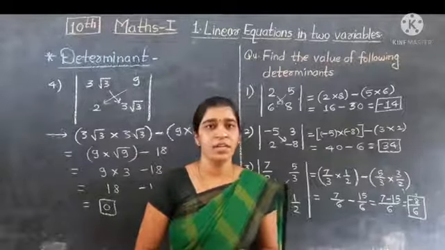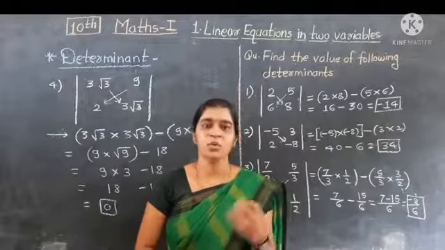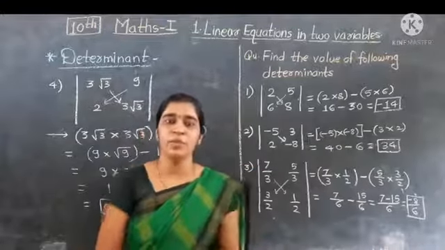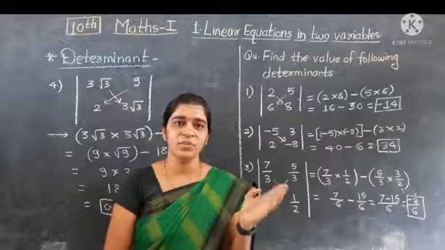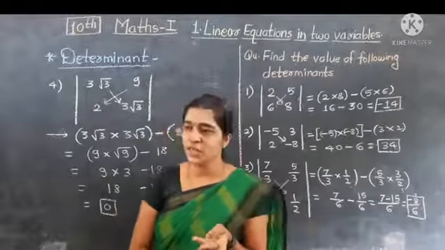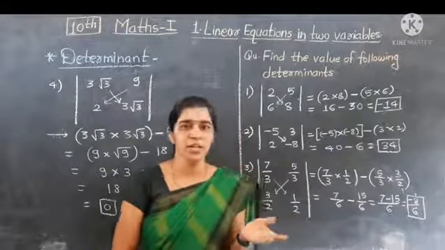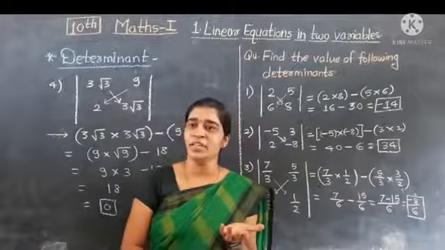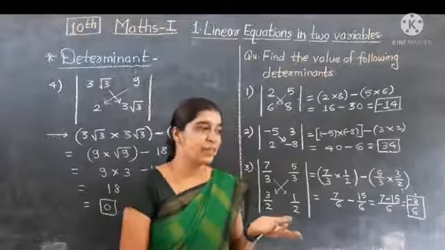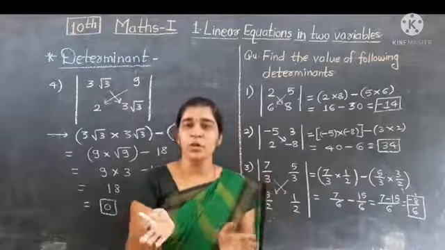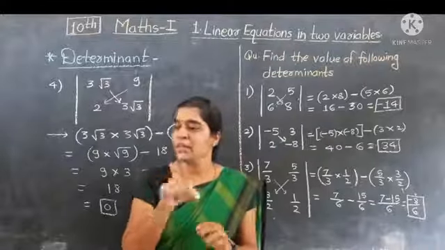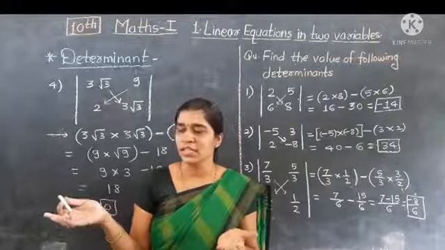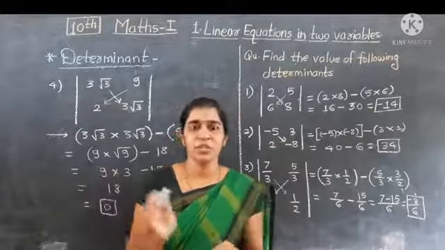Students, in an earlier video we had seen how to solve simultaneous equations or linear equations in two variables. We had seen first the elimination method, second the substitution method. In the last video we had seen how to solve linear equations in two variables by the graphical method also. We draw the graph of two lines, and where the lines intersect, that is the solution of the given simultaneous equations.